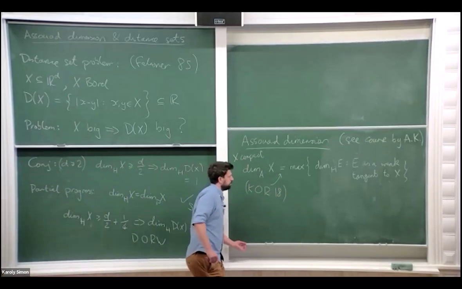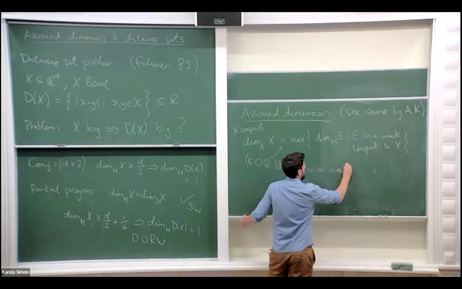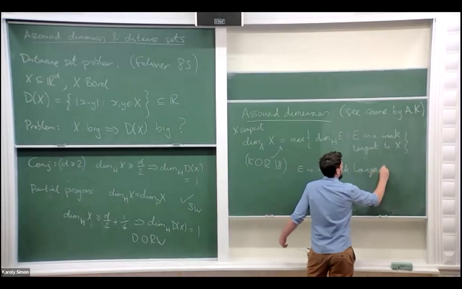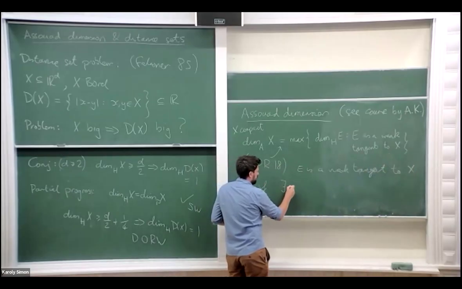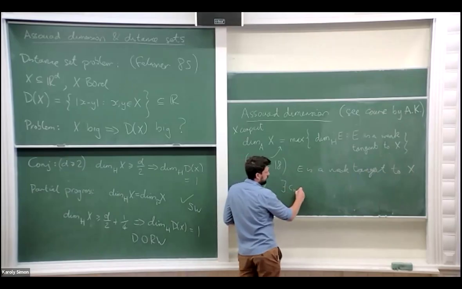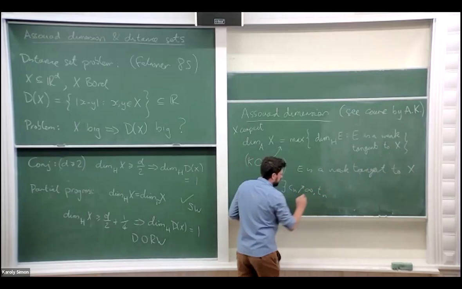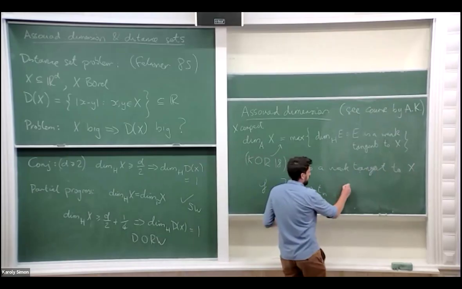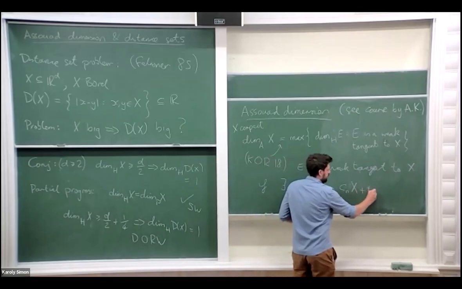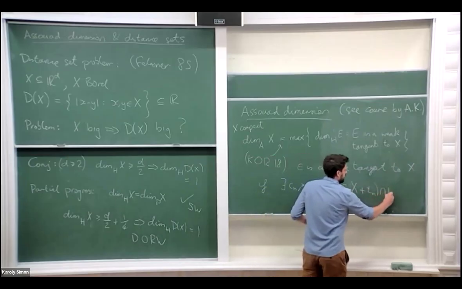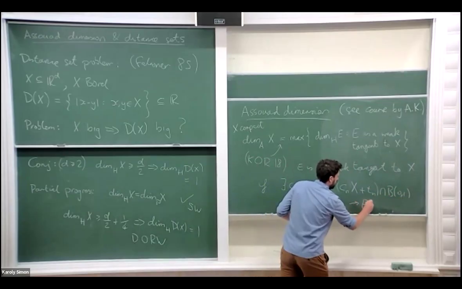So what's a weak tangent? E is a weak tangent to X if there exists some sequence Cn, probably want Cn to blow up, and a corresponding sequence of translations Tn such that Cn X, so X scaled by Cn and translated by Tn, intersect the unit ball converges to E. How does it converge to E?